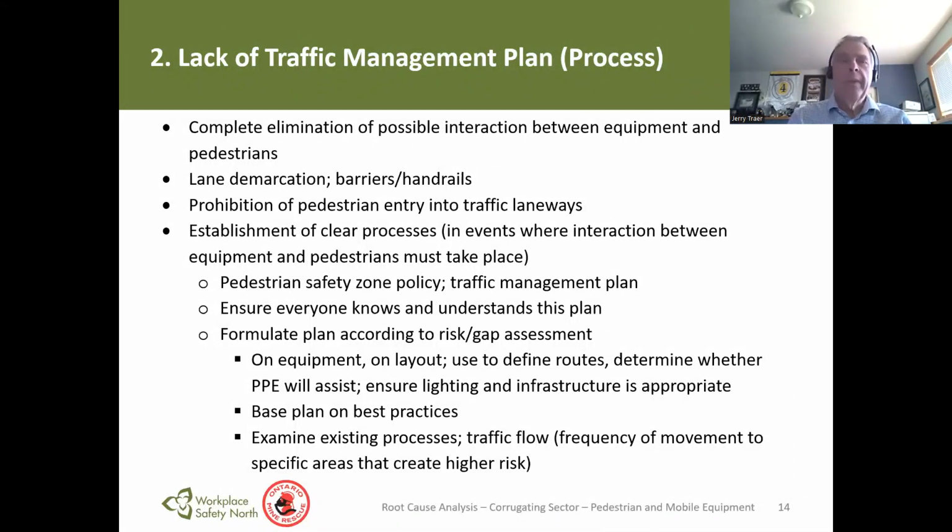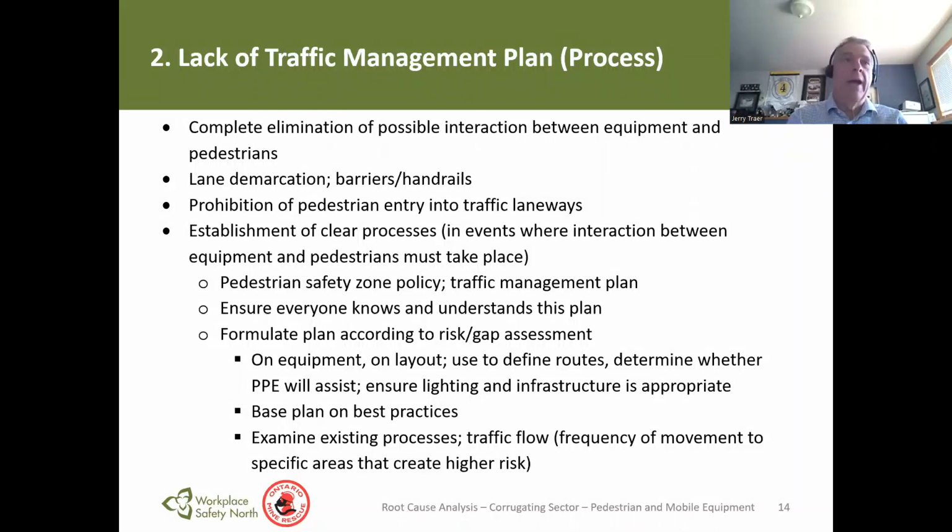I'm also seeing this in some workplaces now, even with the regulatory body in Ontario, where they're coming in and looking for traffic management plans to eliminate this interaction between employees, workers, and equipment. I'm talking about establishment of clear processes.